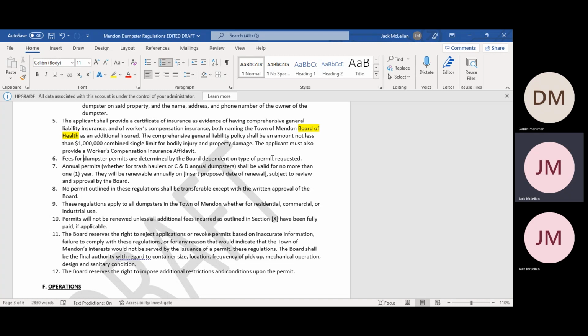And we can't require them to inform us where they are? No, you can, and you do now. Because if you're going to be making a construction and demolition permit, which you would have to if you accepted these regulations, then it would operate just like your regular trash hauler. They would still have to provide you with a list of locations that they are going to be servicing.